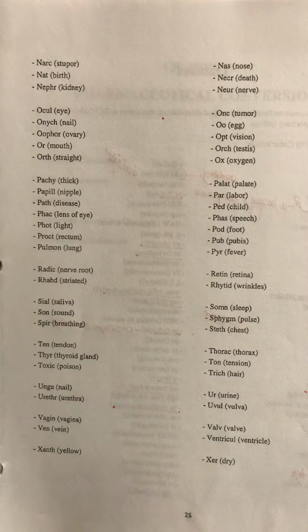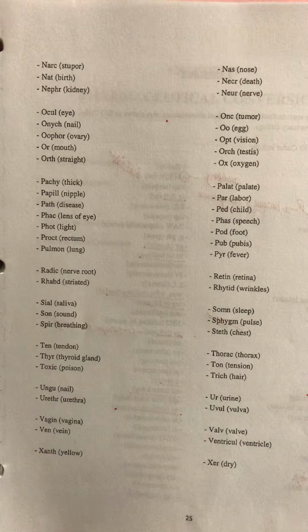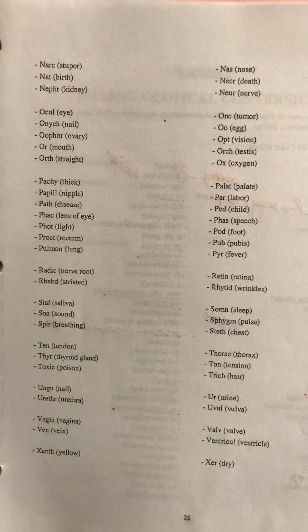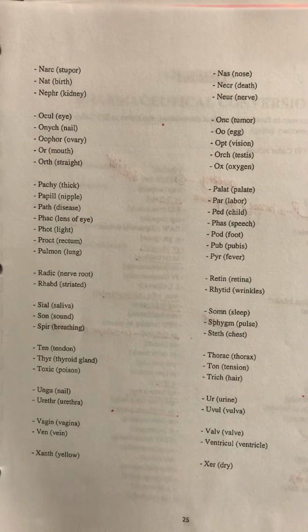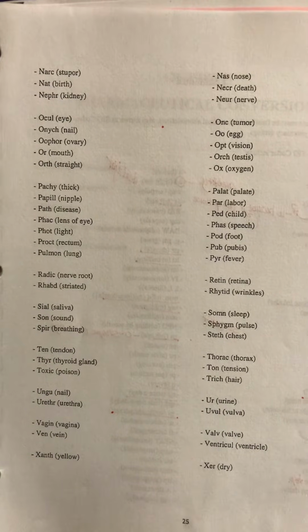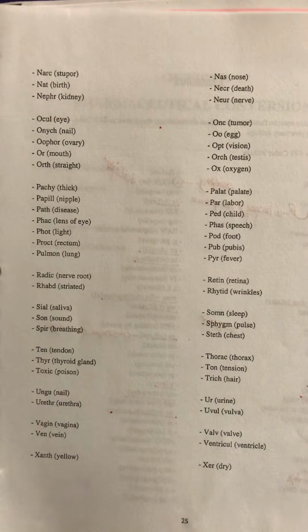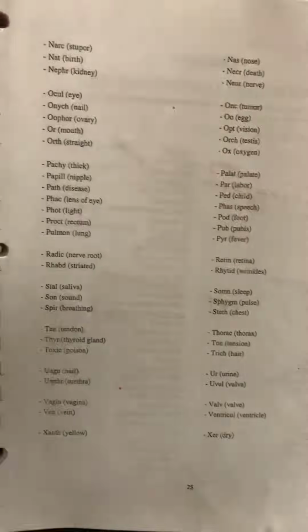Onychitis. Onych means nail. So if you got onychitis, you got some kind of nail swelling, infection, something like that. That's what they would call it. All right? Just overview all of those, and you'll see some of those that you won't have to think about, while others you may have to put into your memory. Okay?